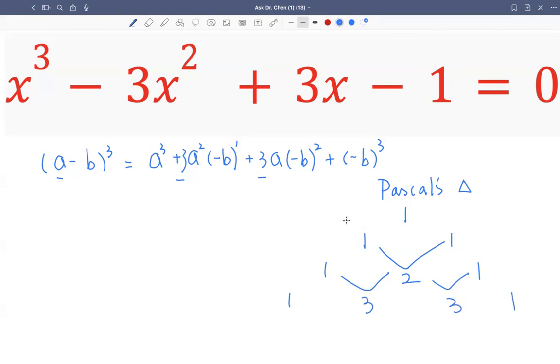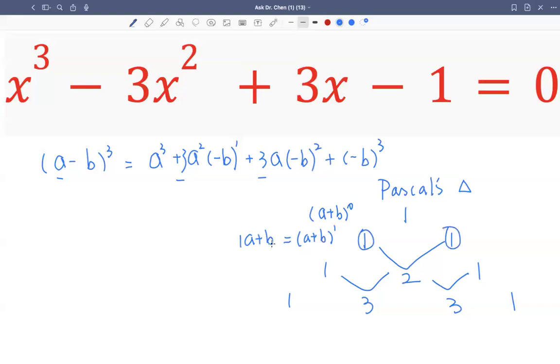So what does it represent? The first layer represents (a plus b) to the 0 power. Right, that just equals 1. Then (a plus b) to the first power equals a plus b. So this 1 is a coefficient for this.